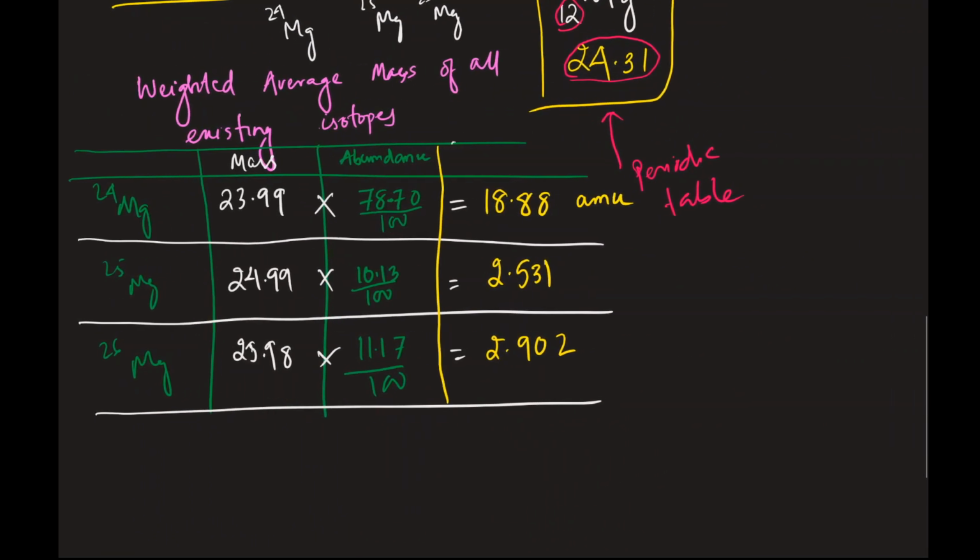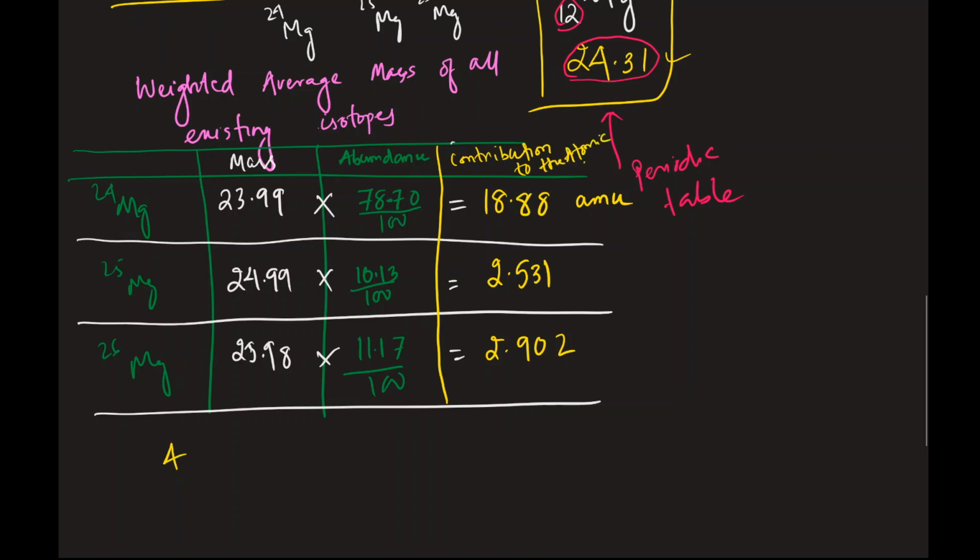My actual atomic mass, the one that you will see in the periodic table, is going to be the sum of all the numbers in column 3. This portion we call the contributions to the atomic mass. That's how the weighted average is calculated.